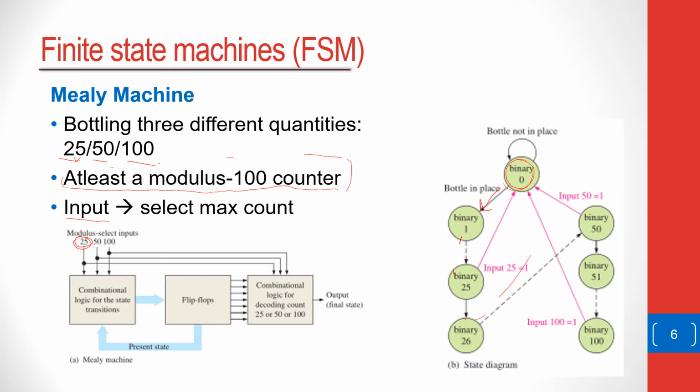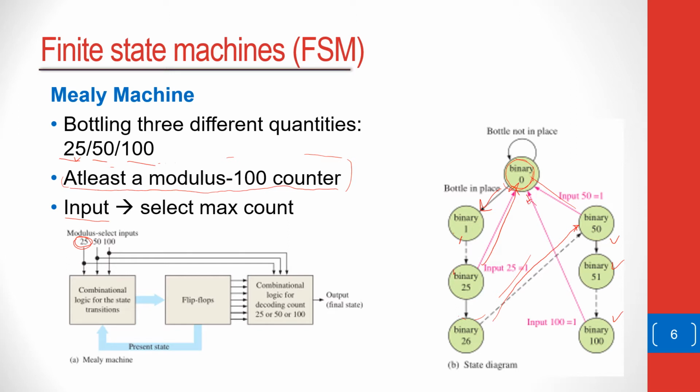Or, depending on the input, if it's supposed to put in 50 pills, it goes on until it counts to 50, and then transitions back. Sometimes it can bottle even more: 50, 51, 52, and so on up to 100, and then it transitions back.